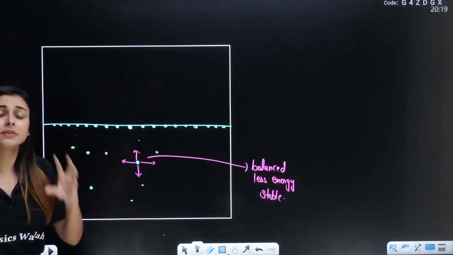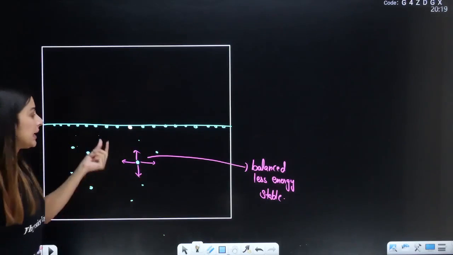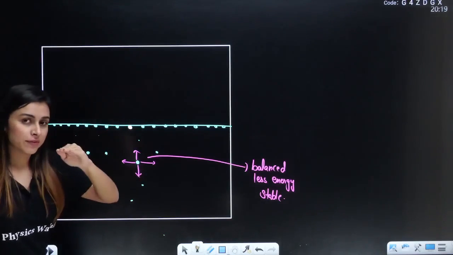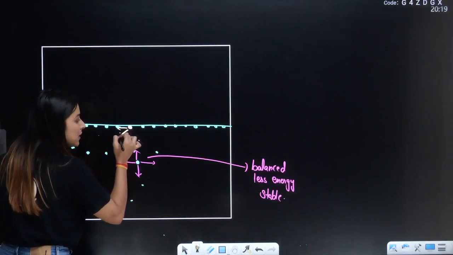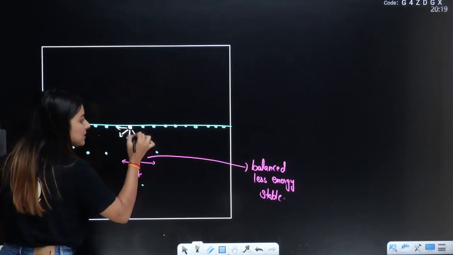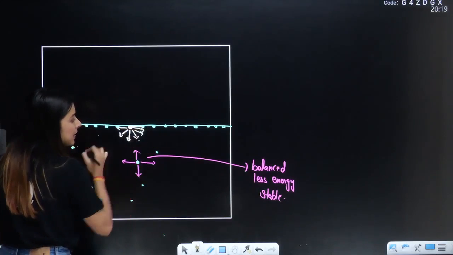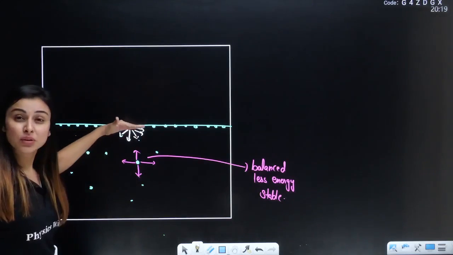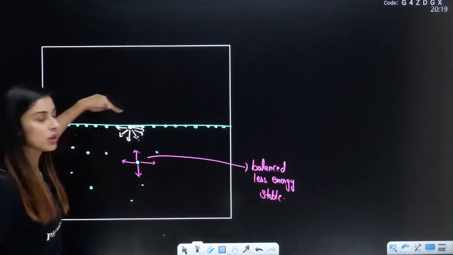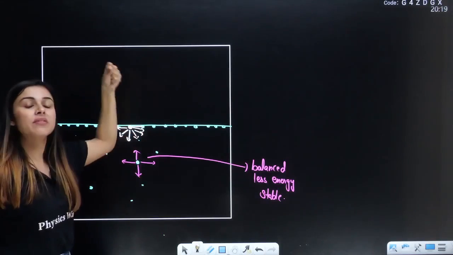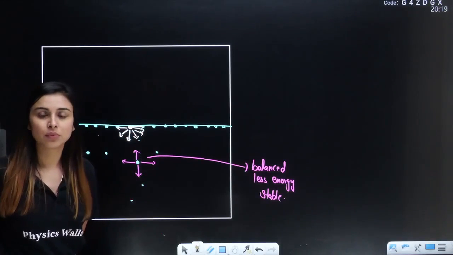Now let's understand it as a particle. It is a liquid particle on the surface, and it can experience a force from this side, this side, and this side. But it is experiencing unbalanced force because there is no one on the surface to give it a balanced force, right?